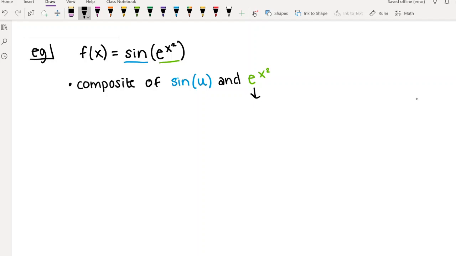And it so happens that e to the x squared is also a composite. Let's not write out what it's a composite of, because I think that will just make it seem more confusing. But basically this tells us that we're going to be using the chain rule twice.